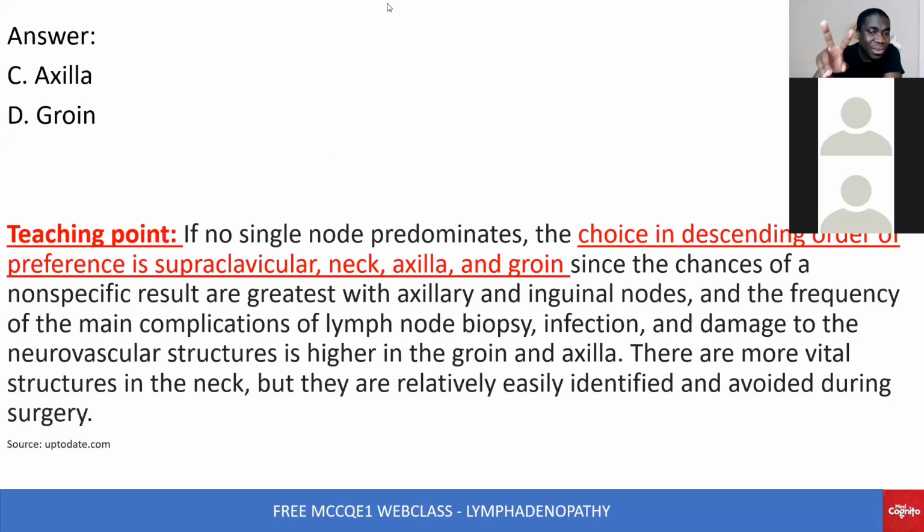So the axilla and the groin are the two least favored places you want to do your lymph node biopsies. Assuming you have a patient who has cervical lymphadenopathy, supraclavicular lymphadenopathy, epitracheal lymphadenopathy, generalized lymphadenopathy, and you want to choose the two last places you want to go, it should be the axilla and the groin. The two best places you want to go, supraclavicular and the neck.